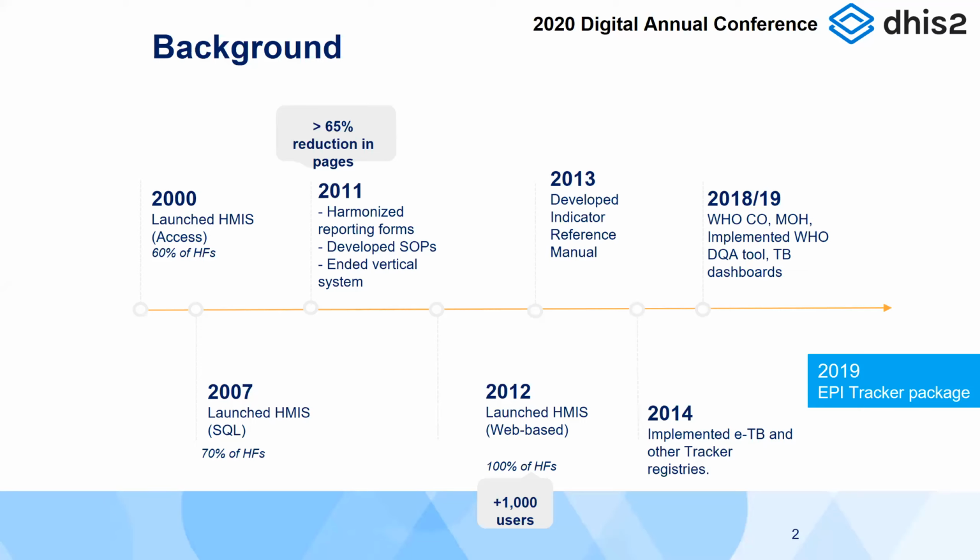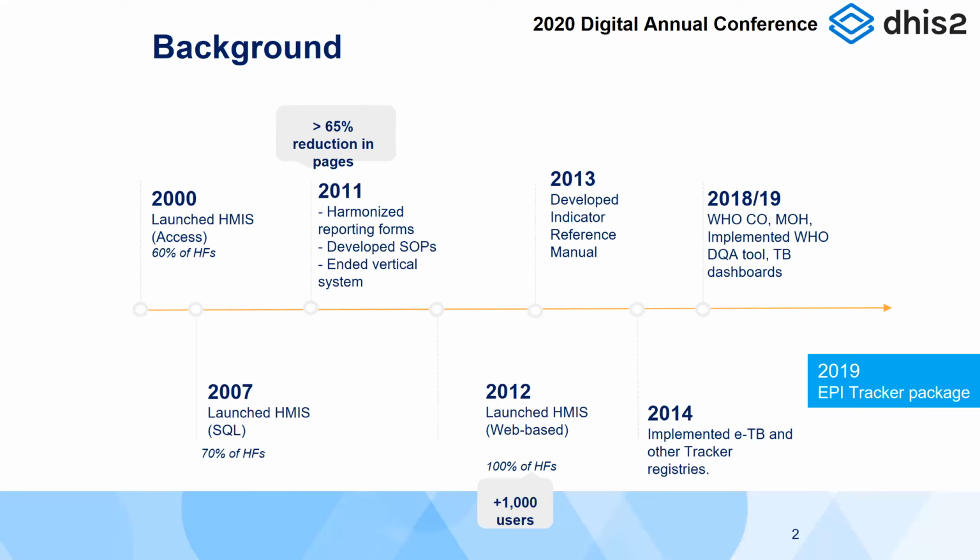In 2011 we reviewed all our tools, harmonized our reporting forms, and developed SOPs to ensure the new system has all the needed materials to standardize data management across the facilities. Then in 2012 we launched the web-based system, and in 2013 we worked on indicator manuals, ensuring everything was well defined.